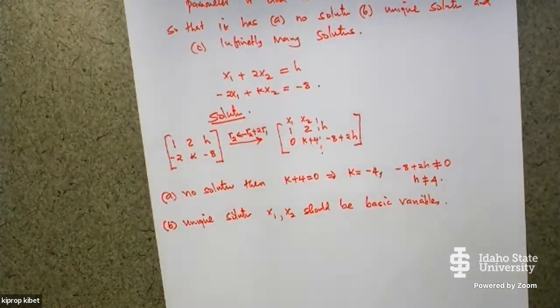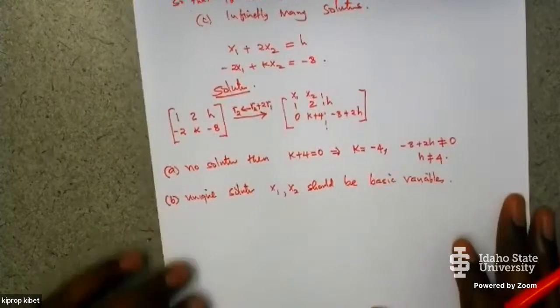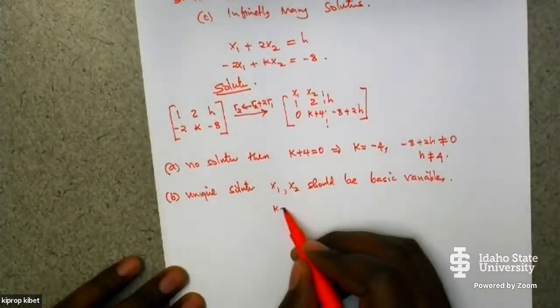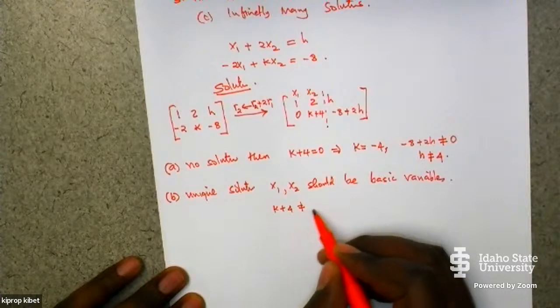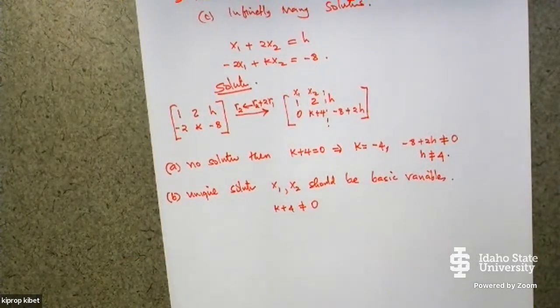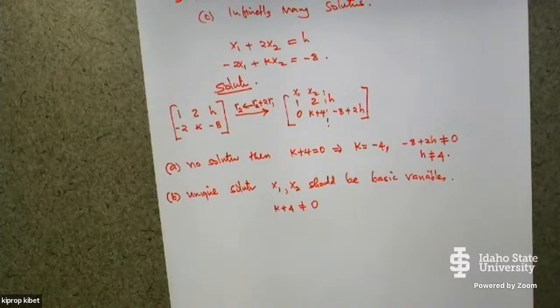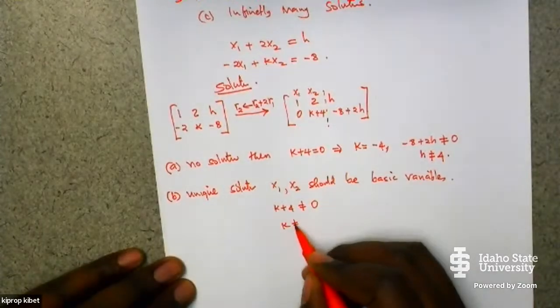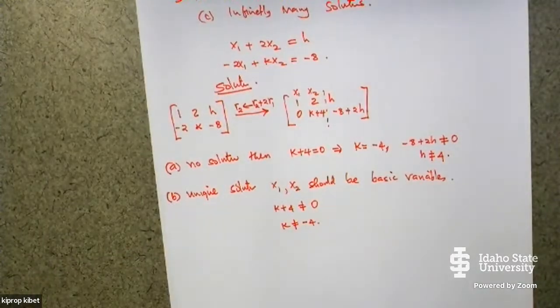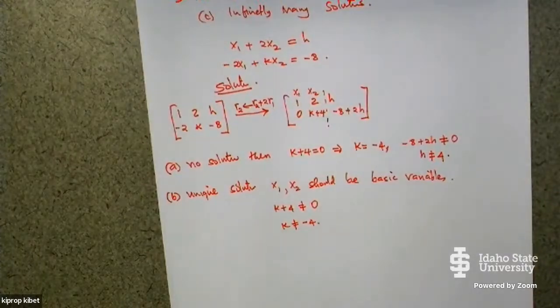For that, k plus 4 should not be equal to 0. Therefore, k should not be equal to minus 4. So k can be any number apart from minus 4.